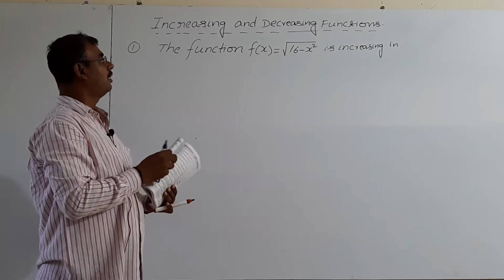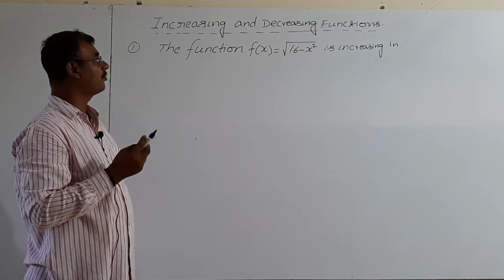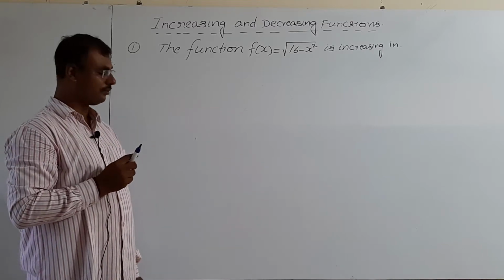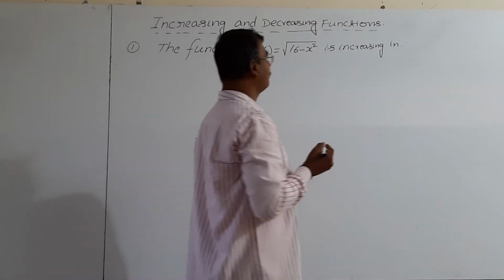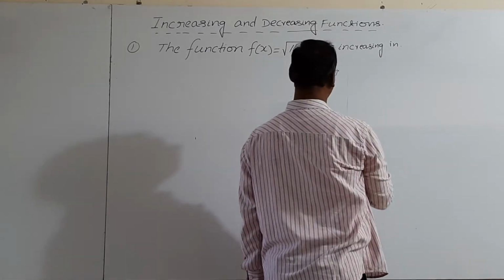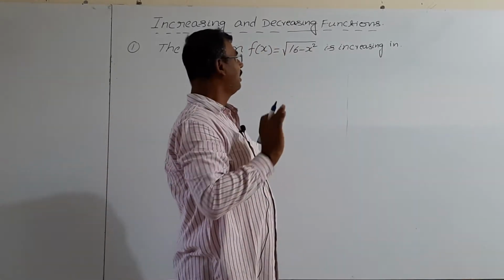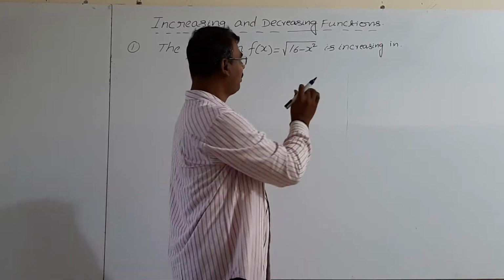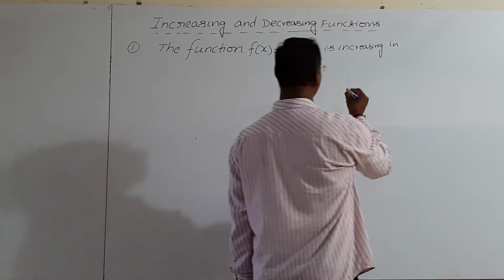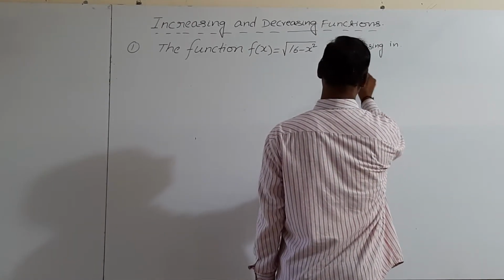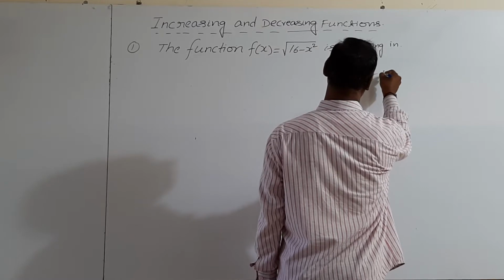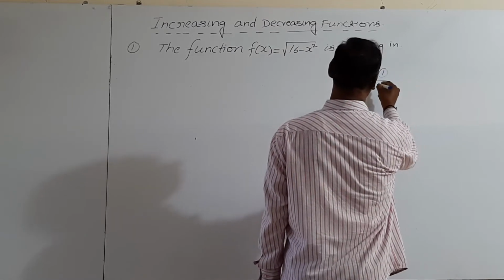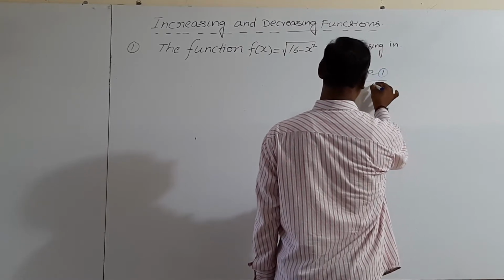To find the increasing interval, let us follow the 4 steps compulsorily. What are the 4 steps? To solve any type of problem on increasing and decreasing functions, we follow these working rules. Step number 1: find the critical point.